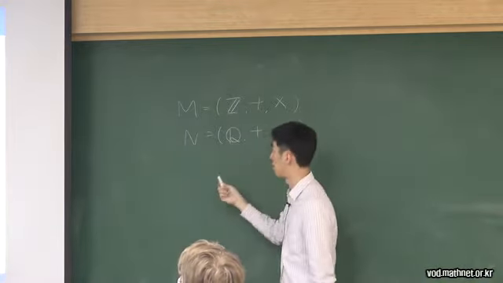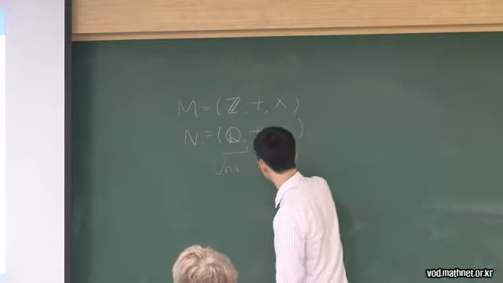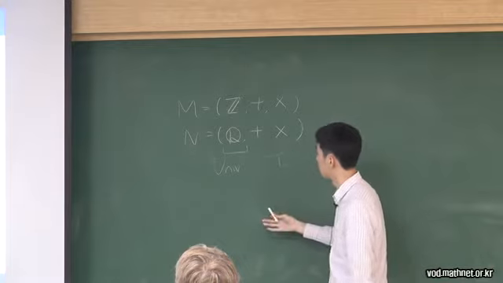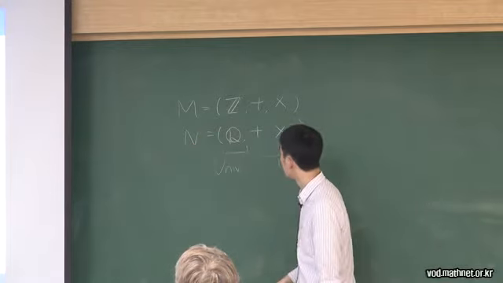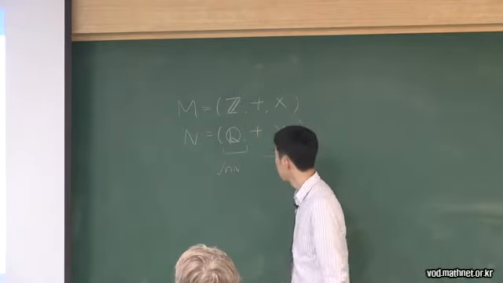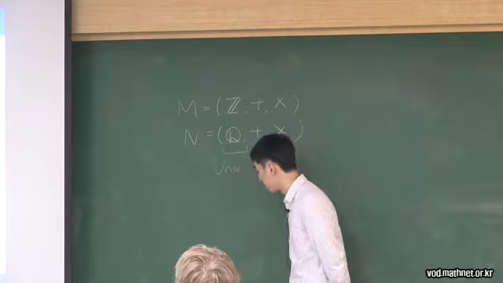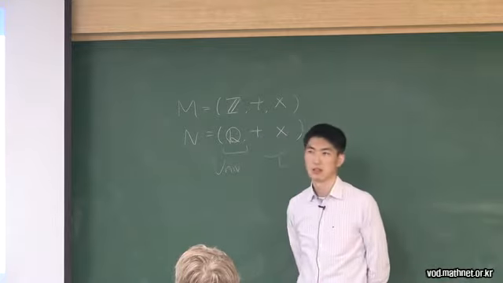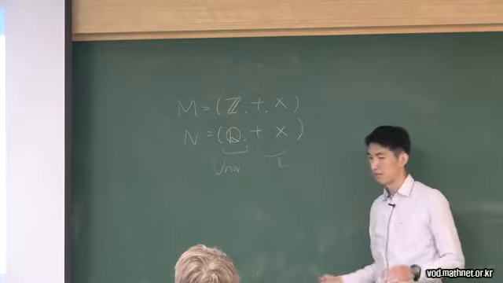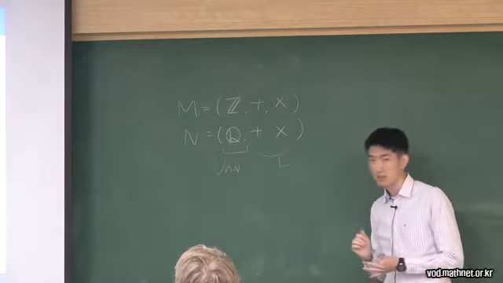So as I said earlier, this one is the universe, and they are languages. So this M has the universe as the set of integers, and N has the universe as the set of rational numbers. And you know the addition and multiplication in both integer and rational numbers.